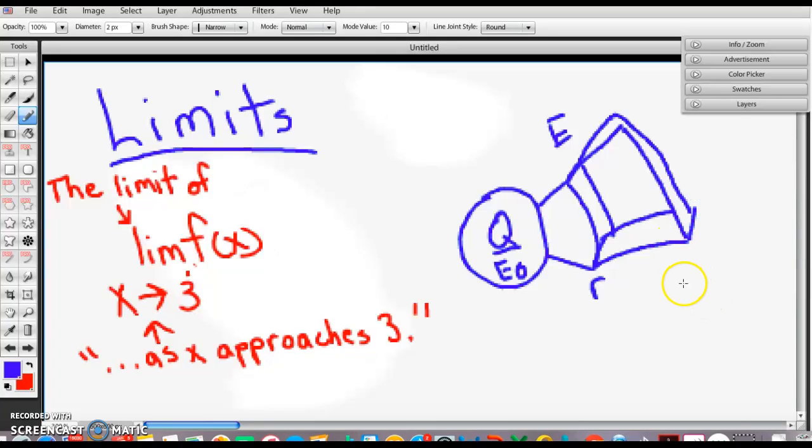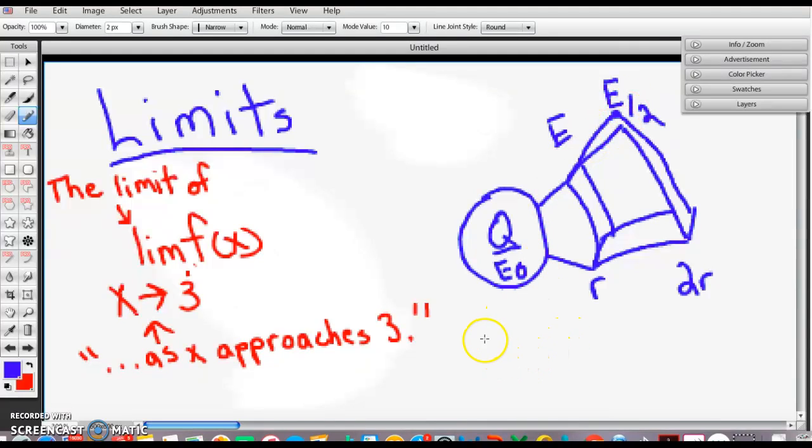You see now my distance is twice as great. So at this point, my electric field will be cut in half. And if I do it again, essentially the bigger my R gets, the lesser my electric field, the force, becomes. That's just the inverse relationship.